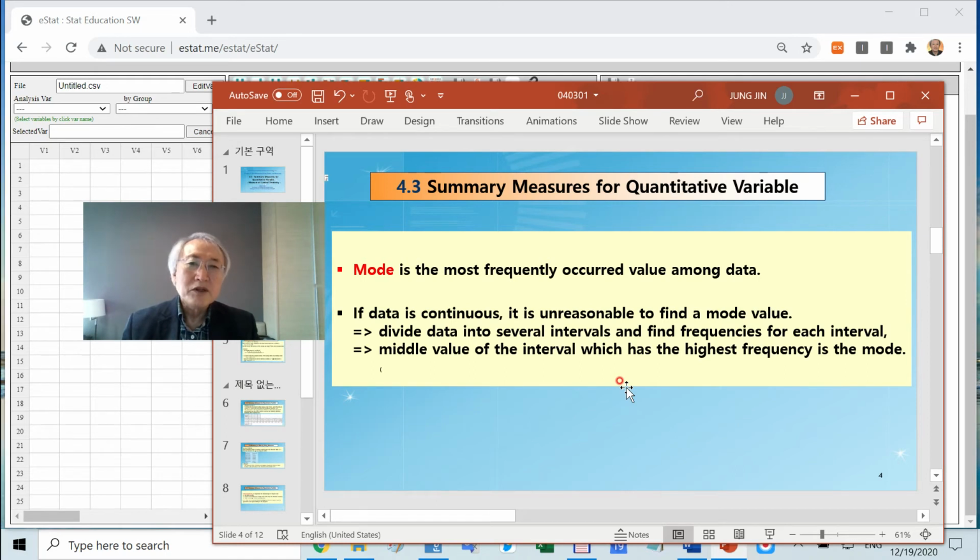Do you remember we plotted a histogram and were able to have a frequency table of quantitative data, then select the interval which has the highest frequency. We call that the mode. But if you have an interval, take just the middle value of it. And that is the mode.